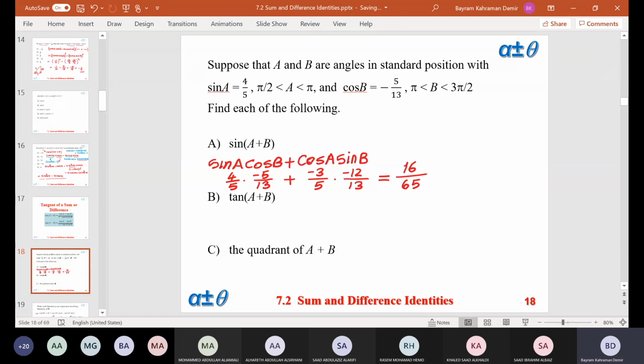Now I need to calculate for tangent. So it is tangent of A plus tangent of B divided by 1 minus the multiplication, tangent A, tangent B. All right.